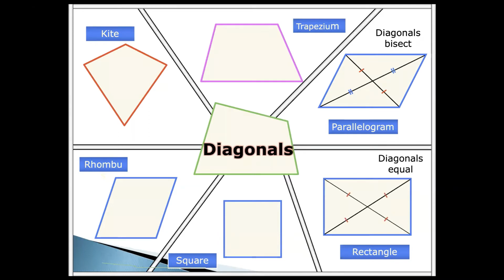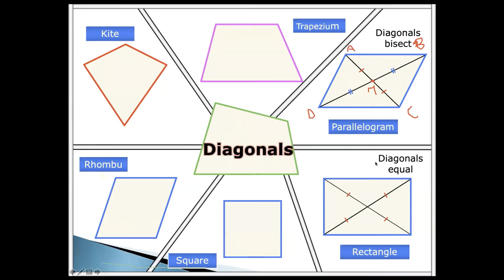If we consider the intersection point M, and we name this parallelogram A, B, C, D, and the intersection point is M, then here we get MB equals MD, and MA equals MC.